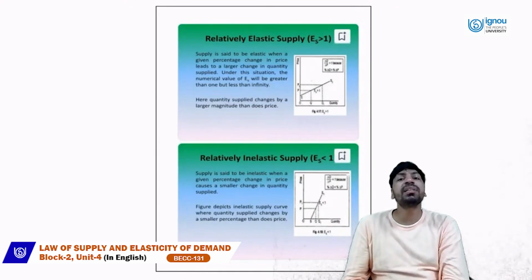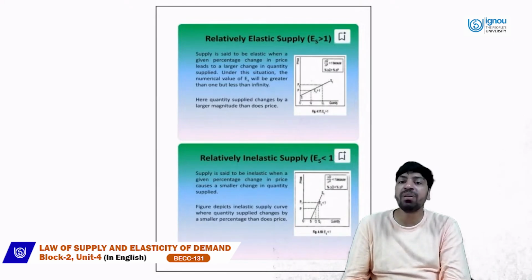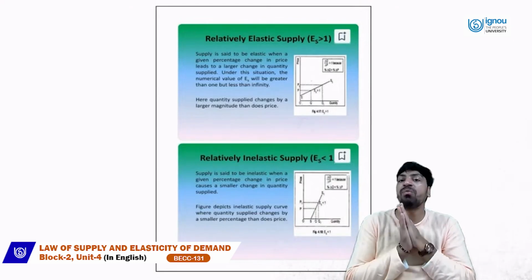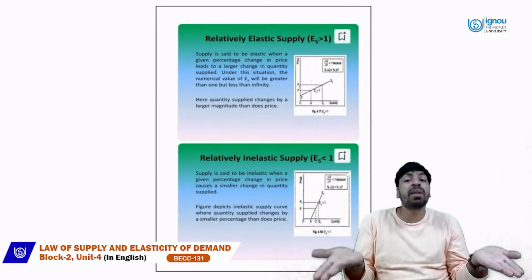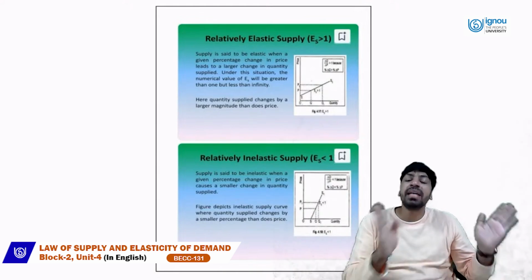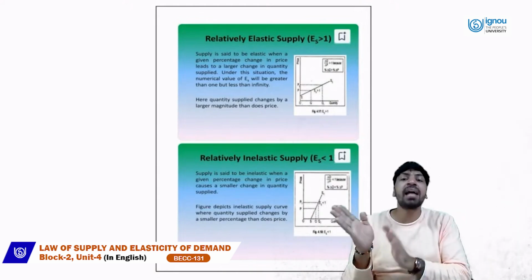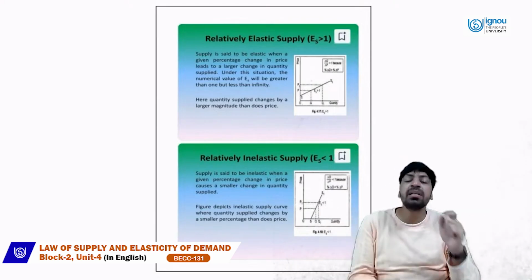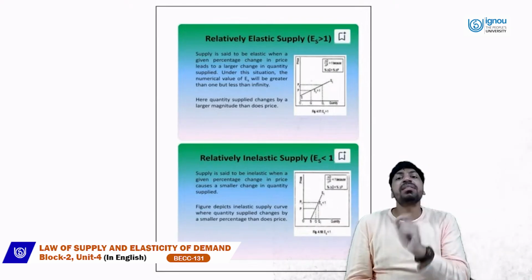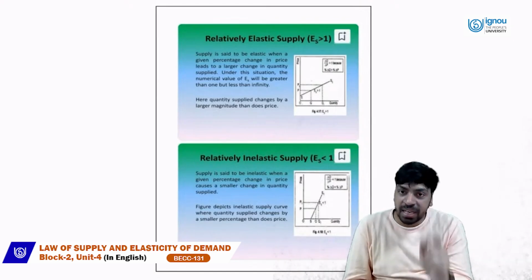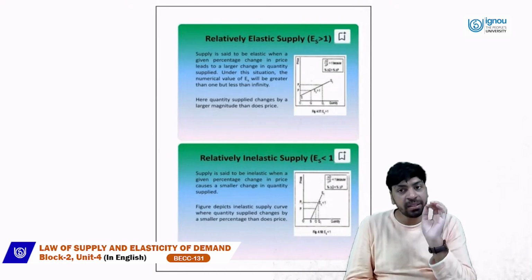The next one is relatively elastic supply, which is more than 1. That means the elasticity of supply is more than 1, and the quantity supplied would increase. Any change in the price and the quantity supplied would differ.